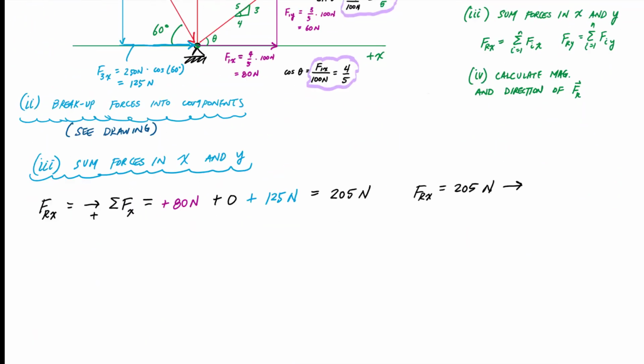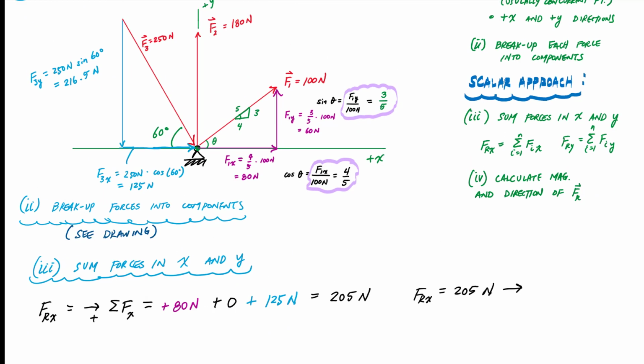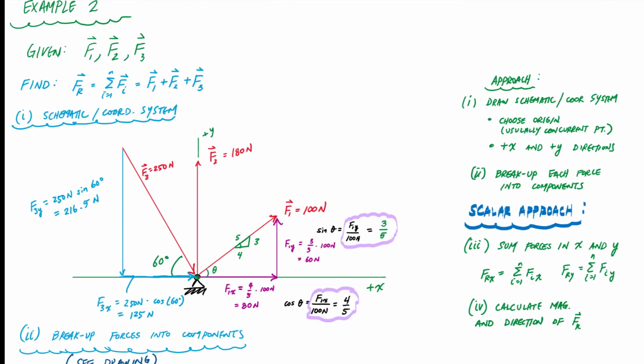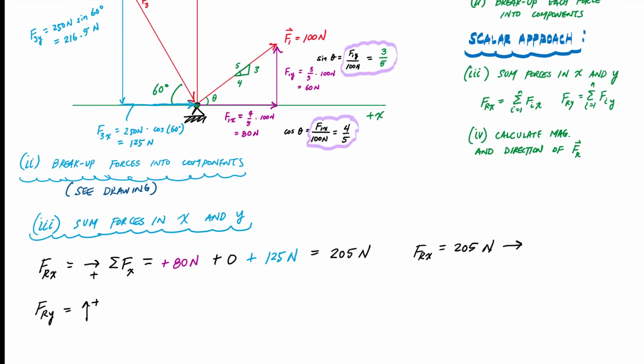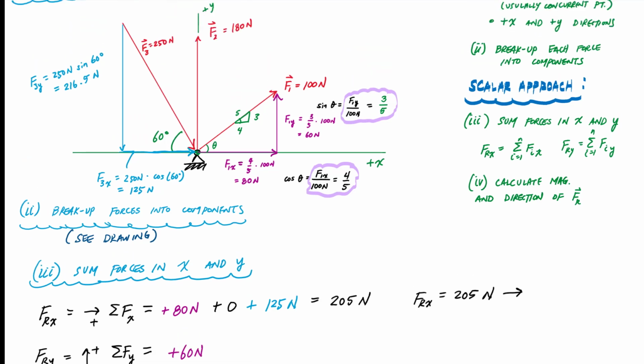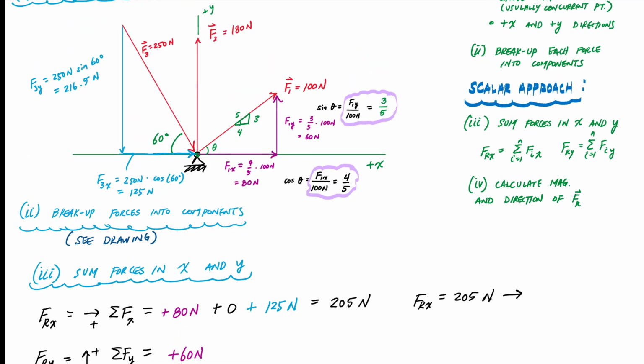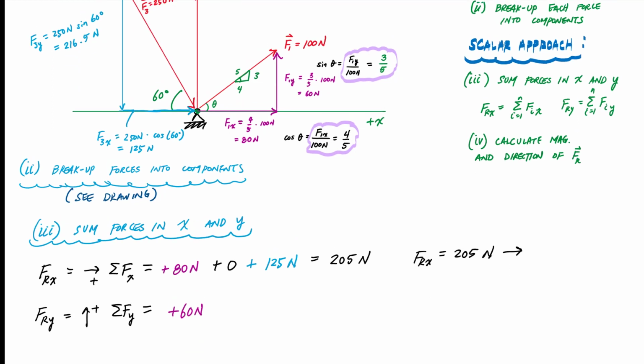Now I'm going to do the same thing for everything in the vertical direction. So I look at all my arrows. Any y component or j component pointing upwards, I'm going to say is positive. And so I look at F1. F1y is 60 newtons pointing straight up. F2 is 180 newtons pointing straight up. So I'm going to add 180 newtons here.